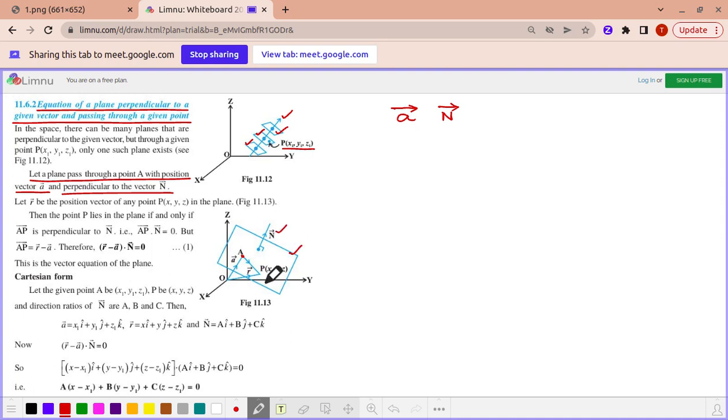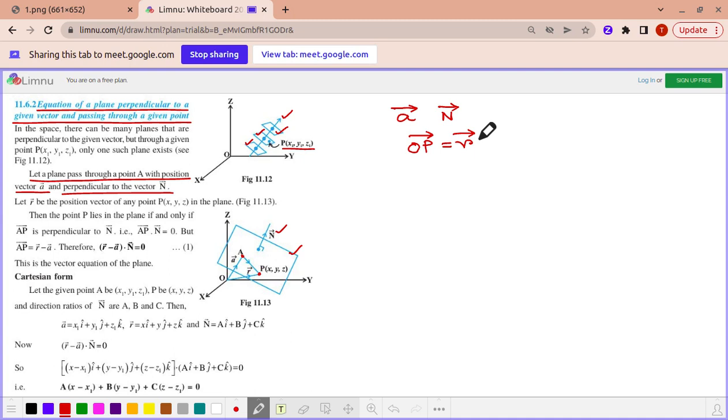Now, on that plane we took an arbitrary point P having coordinates x, y, z, and in vector form we can say it has a position vector r. That means OP vector is vector r, and point P is an arbitrary point, meaning any point on that plane.